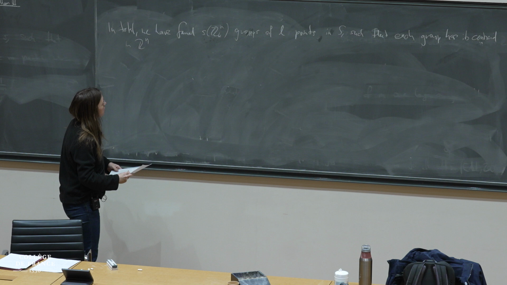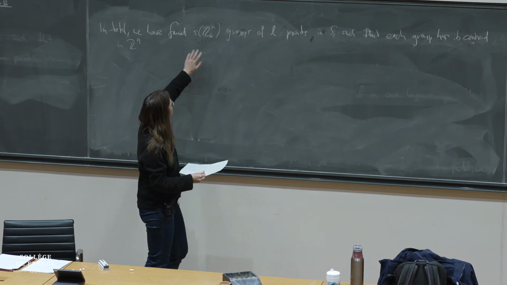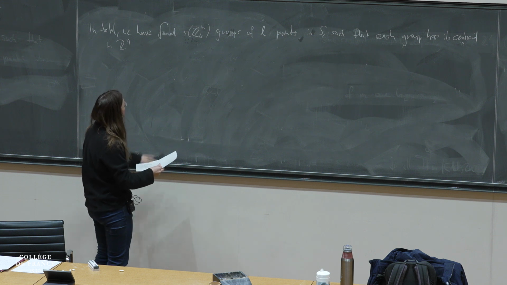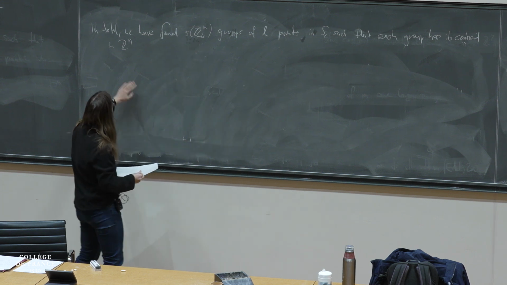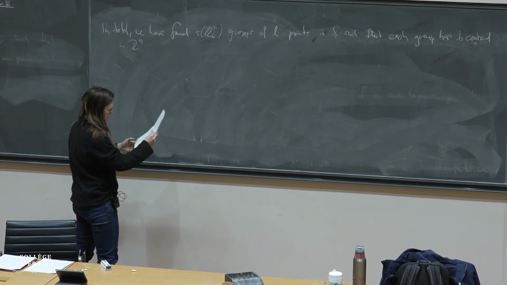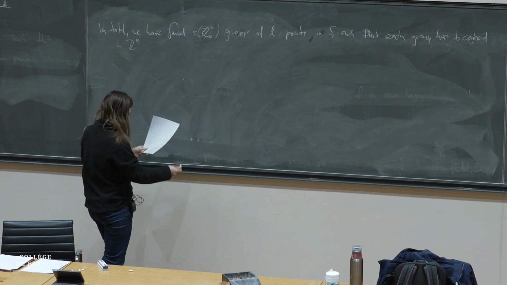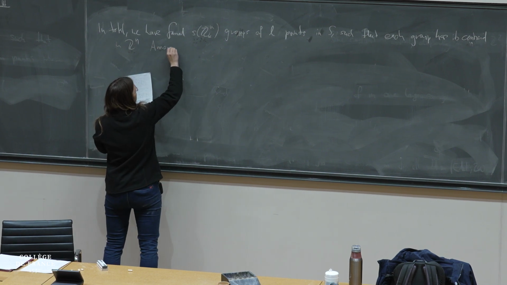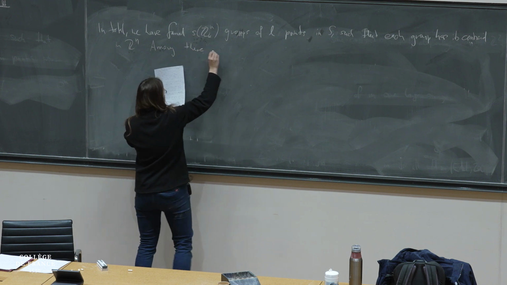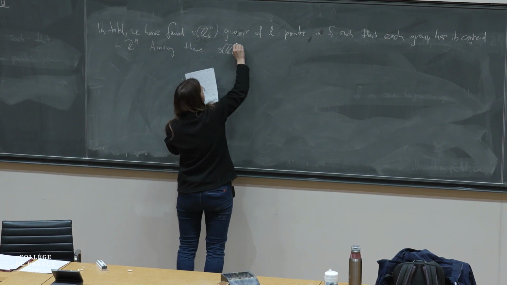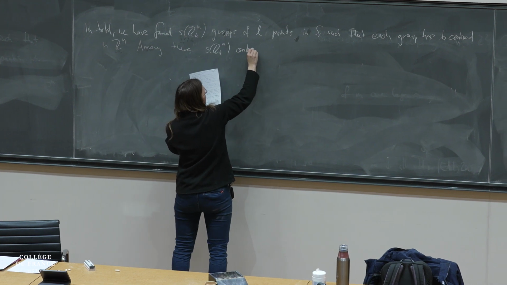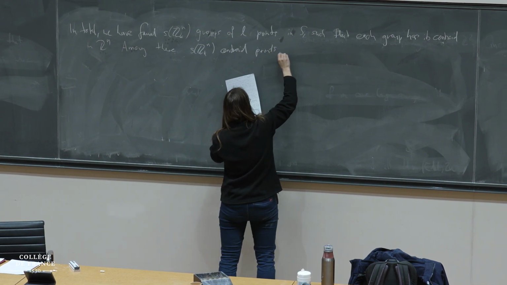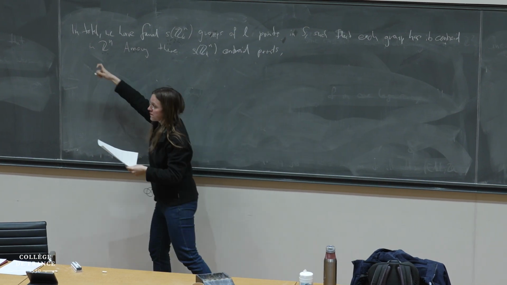So now that means we can look at, for each of those groups, the centroid, and that centroid is going to be a lattice point. So we have S of zk to the n different centroid points in Z to the n corresponding to these groups. So let's look at those points. Among these S of zk to the n centroid points, so these centroids are all points in Z to the n.